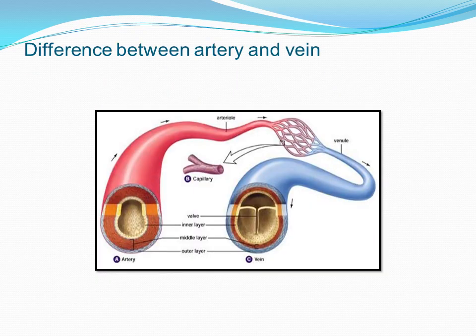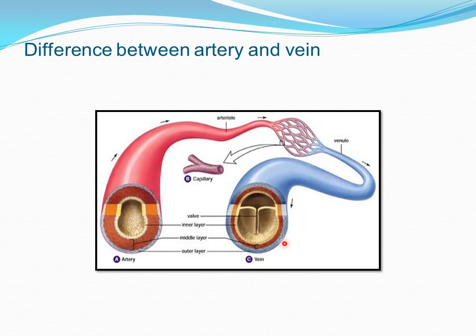Now comes the difference between the artery and the vein. Here, this is the structural difference you see first. We have already described that the artery has a much more muscular inner, middle and outside layer. These three are concentric layers. In the vein also these three are concentric layers, the inner layer, the middle layer and the outer layer, but these three are less muscular.